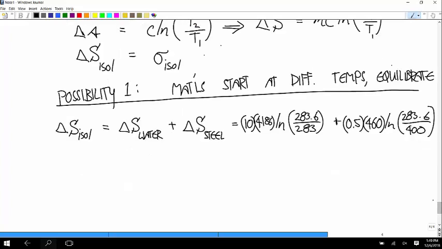Can someone calculate each of these two terms by themselves? Okay, and the second one?